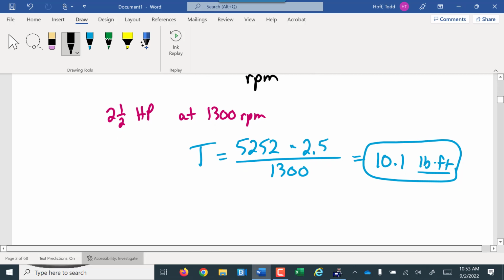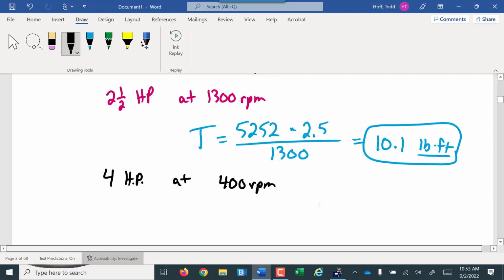So if we have a 4 horsepower motor operating at 400 RPM, find the torque that that motor has developed.